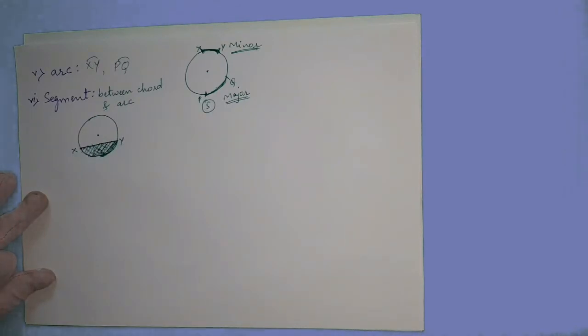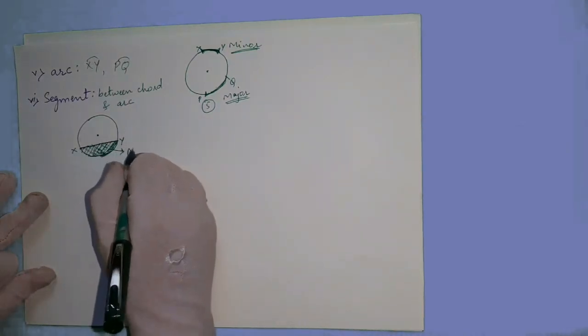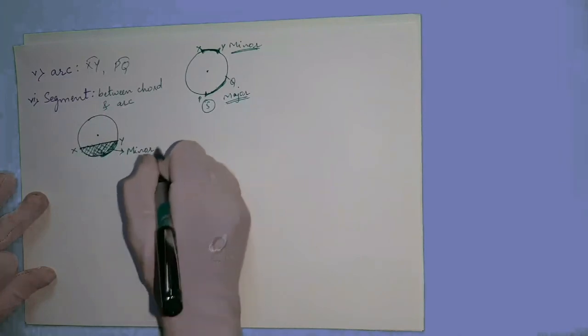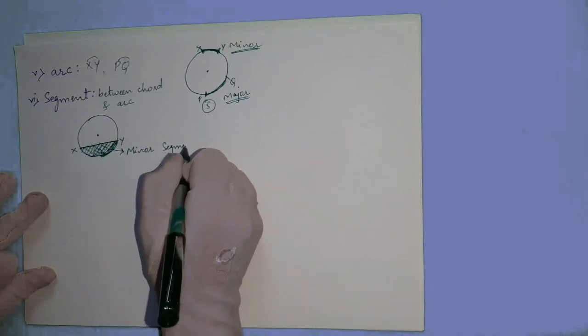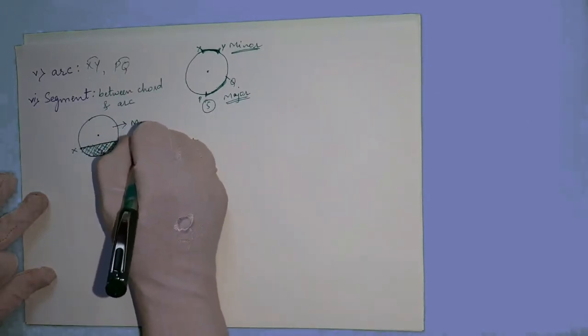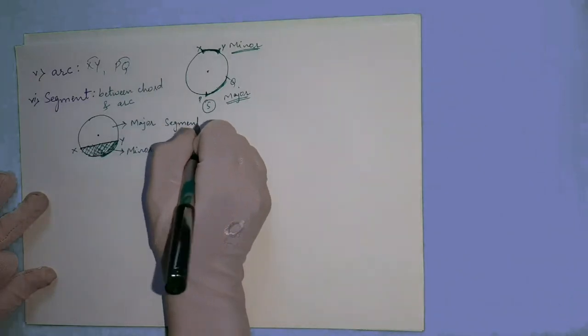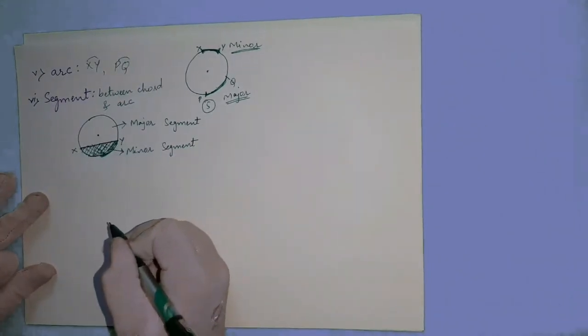And again this is divided into two segments. This smaller segment is called the minor segment and this greater part is called the major segment. Minor segment and major segment.